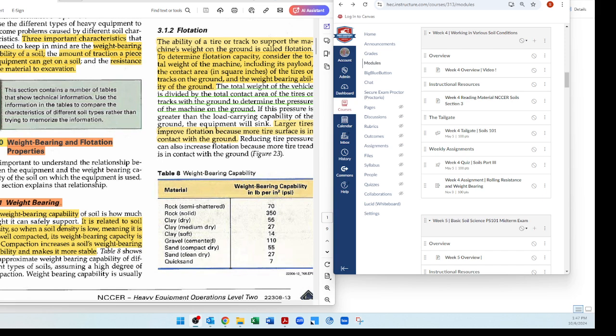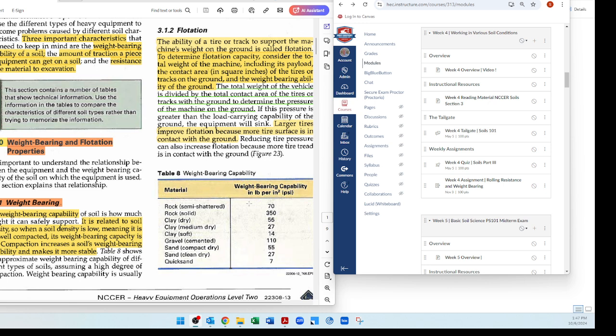Gravel, and it says cemented, that's gravel that has fines in it, and those fines act as binders, so it has a pretty strong weight bearing capacity, 110 pounds per square inch. And then compacted sand, 55 if it's dry. And sand that's clean and dry, but not compacted, see, it drops down to 27. And of course quicksand won't keep much at all afloat. You certainly can't walk through it.